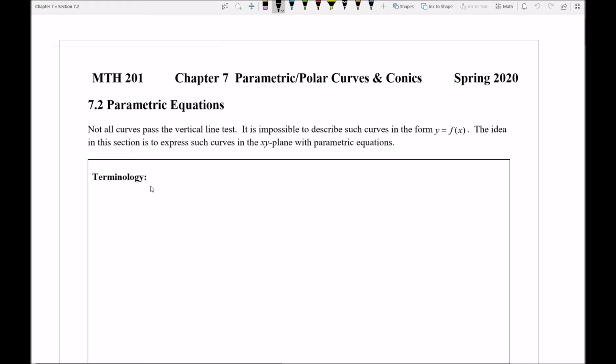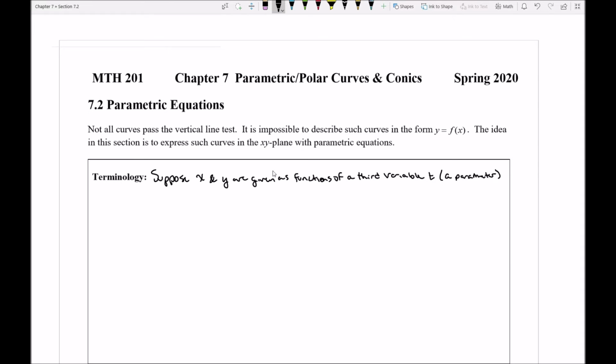Let's suppose that x and y are given as functions of a third variable that we'll call t, which is referred to as a parameter.